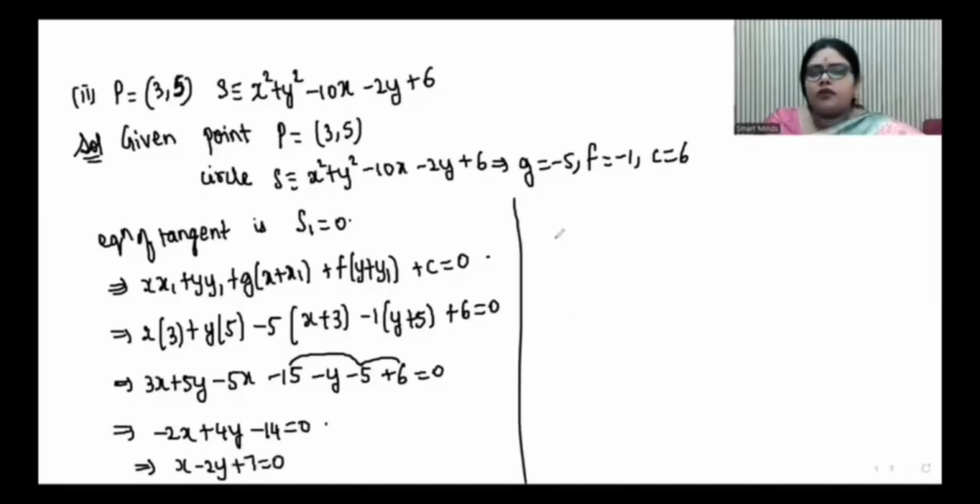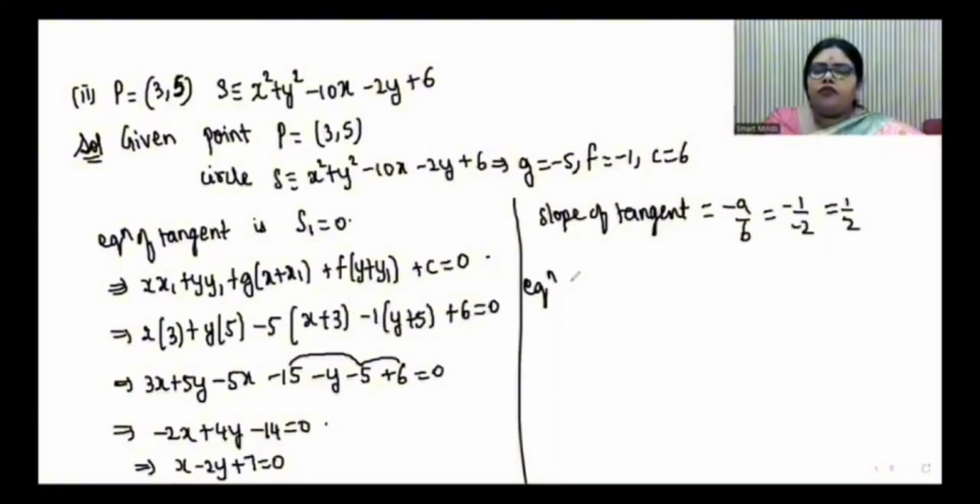Now, after getting the equation of tangent, we will find the slope of tangent. What is the slope of tangent formula? Minus a by b. So that is minus 1 by minus 2, which is equal to 1 by 2. Now, after knowing the slope of tangent, how to find the equation of normal?